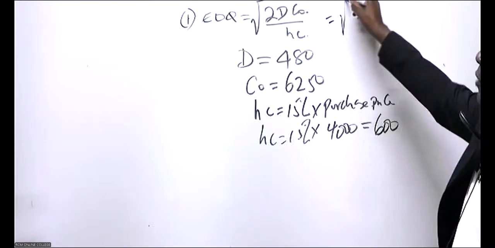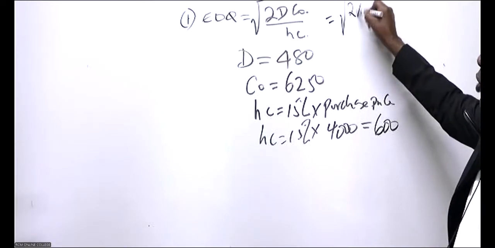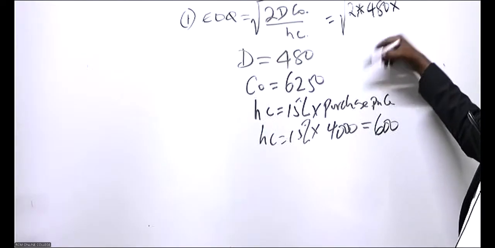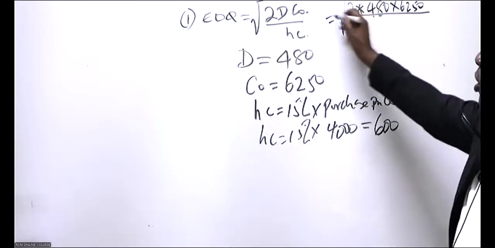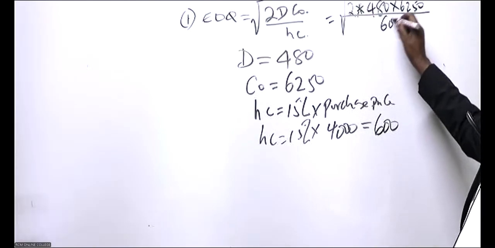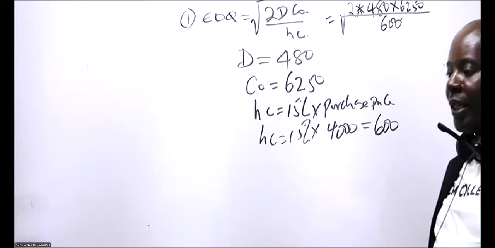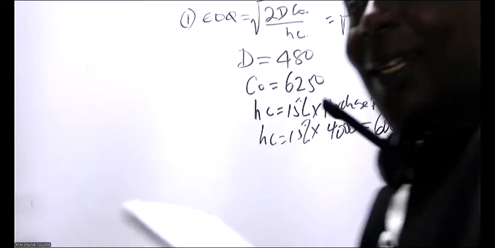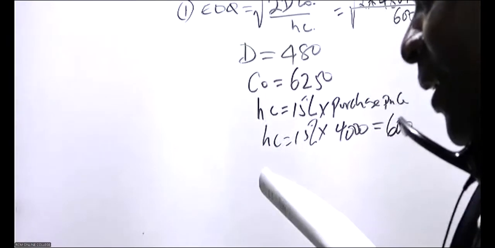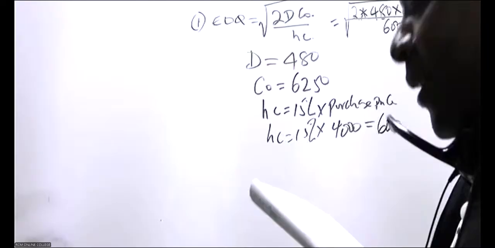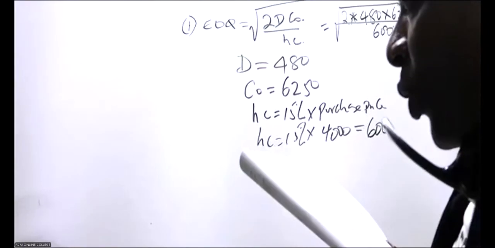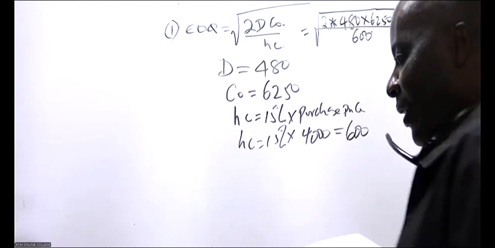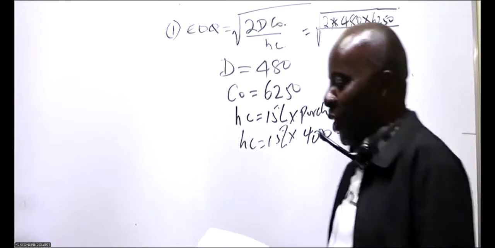So please come and give us this. It will be 2 times annual demand, which is 480, times cost per order, 62.50, all over holding cost of 600. So please go slowly here.